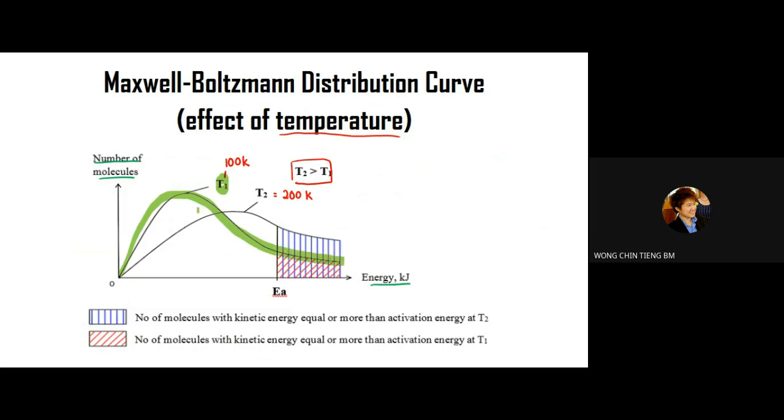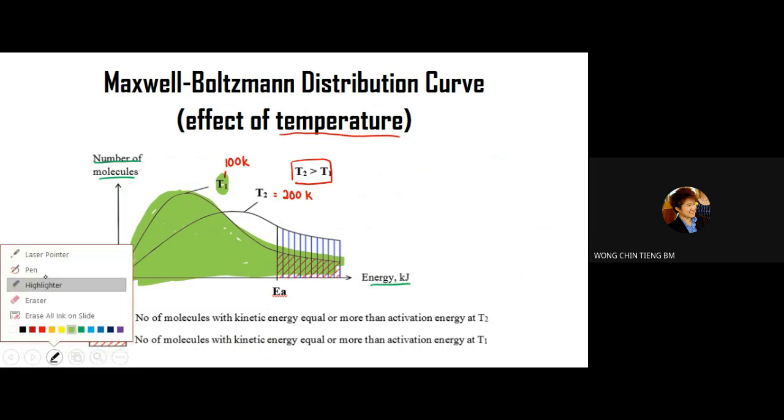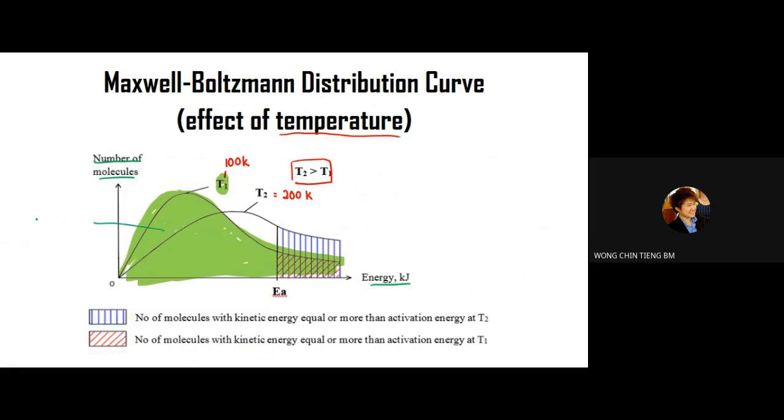The area under the curve means everything under the line. This is what we call area under the curve. And the area under the curve for T1 is all this. Agree? Okay? And what is the area under the curve stand for? The area under the curve over here represent the number of particles, number of molecule, boleh. Okay? Alright?